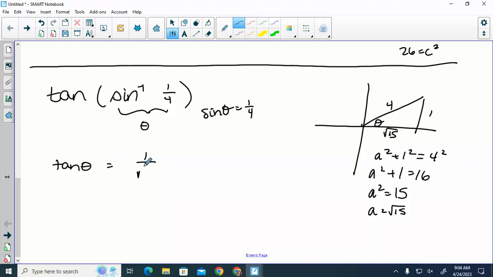So 1 over radical 15 should turn into radical 15 over 15. So the only time you have to set up those triangles is if you have both the trig function and the inverse in the same problem. Are those okay?